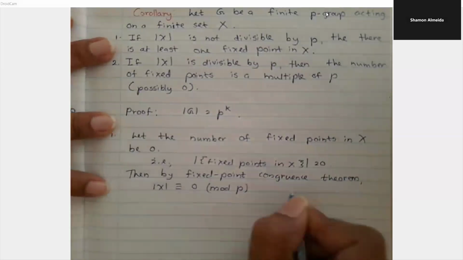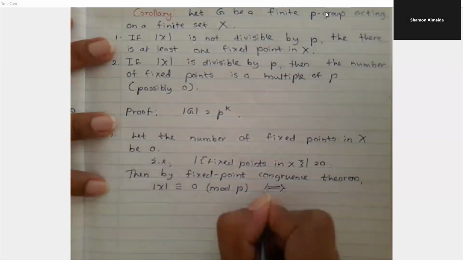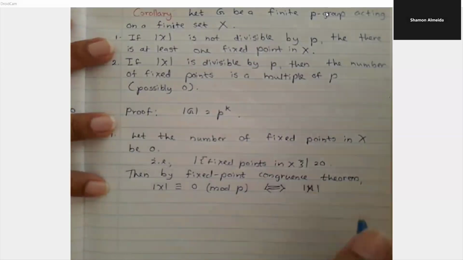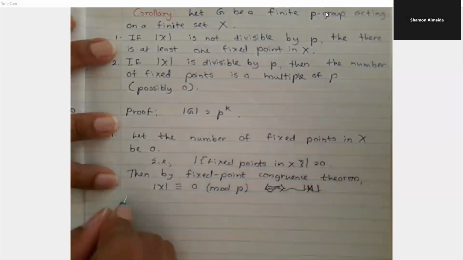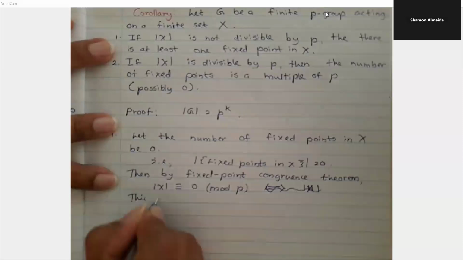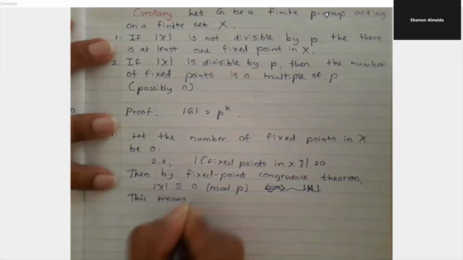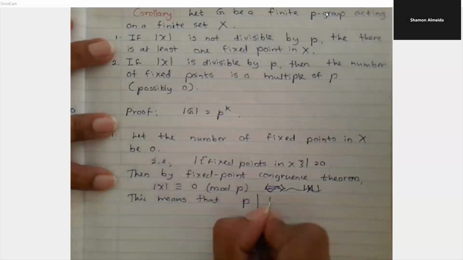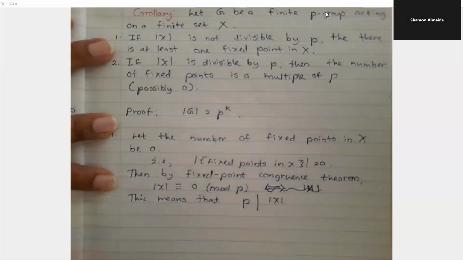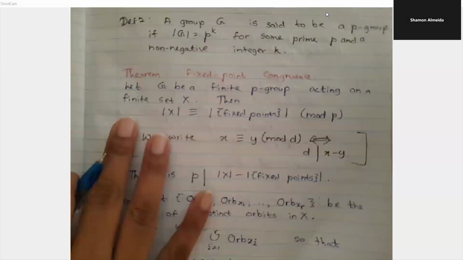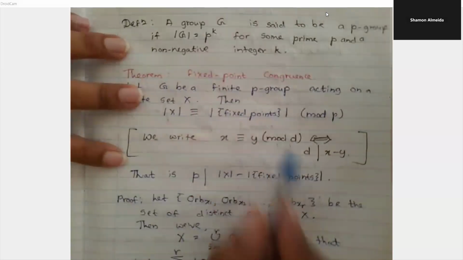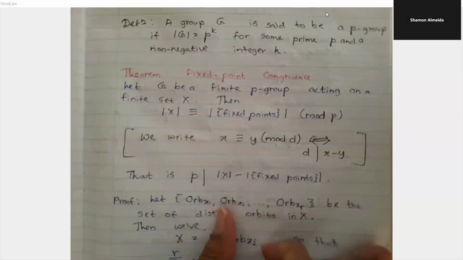This means that p divides order of X minus 0. Here, if we go back to this, X congruent Y modulo D means D divides X minus Y. In this case, Y is 0 in our case.